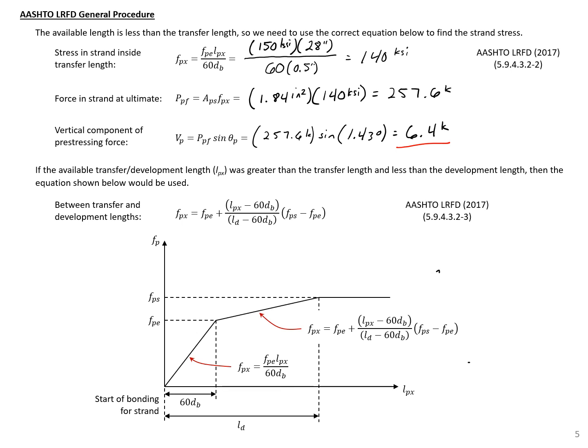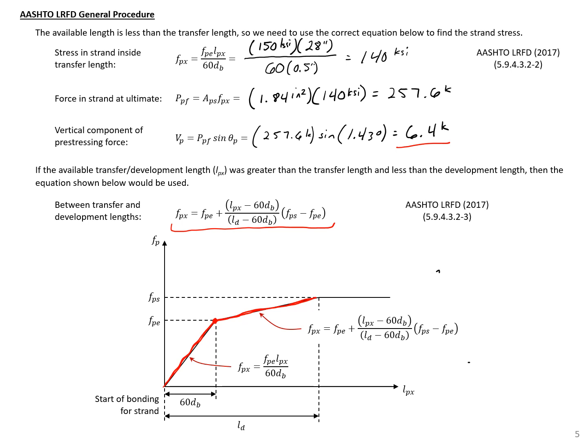If we did have an available transfer length greater than our transfer length and less than our development length, we would use this AASHTO equation shown here. So you can see we'll have a linear relationship between available transfer length and transfer length up until we reach our transfer length, and then after that we'll have a different linear expression.